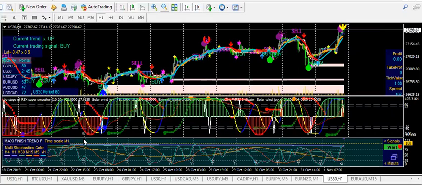This indicator gives you multiple signals inside of the system as well. This actual template talks to you. So if you put in a stop loss or a take profit, if it hits your stop loss, it will say stop loss has been hit. If it hits your take profit, it will also say take profit has been hit.